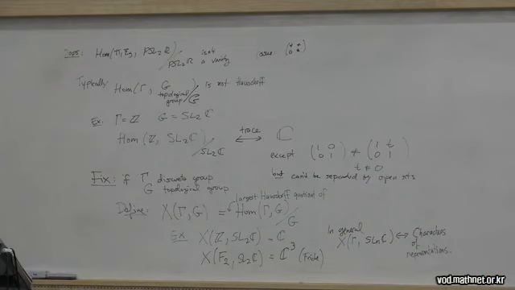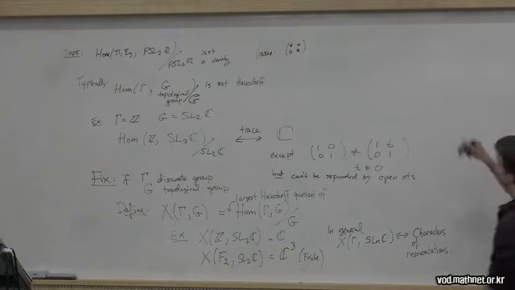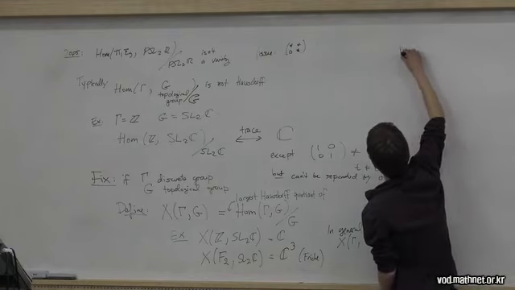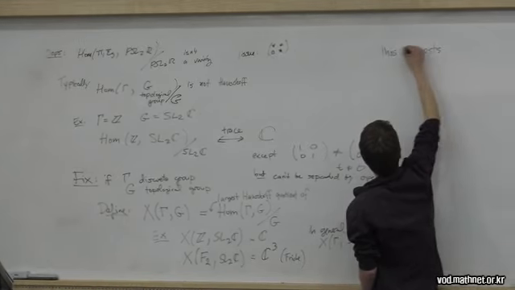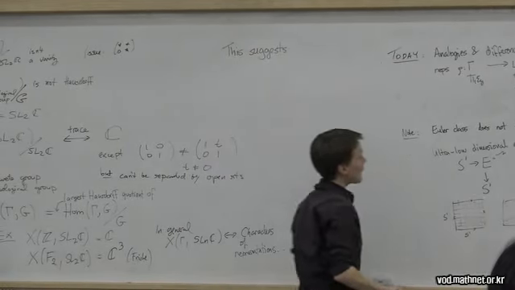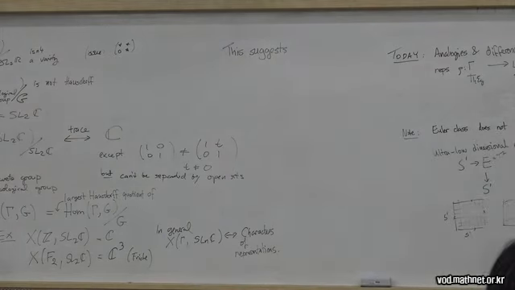And I like this because it suggests that if I want to understand these representations up to conjugacy, my best hope is to look at this reasonable Hausdorff character space for Homeo of the circle and study that and try to get a global picture.